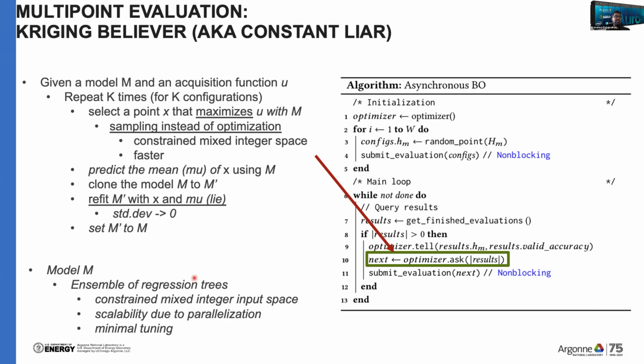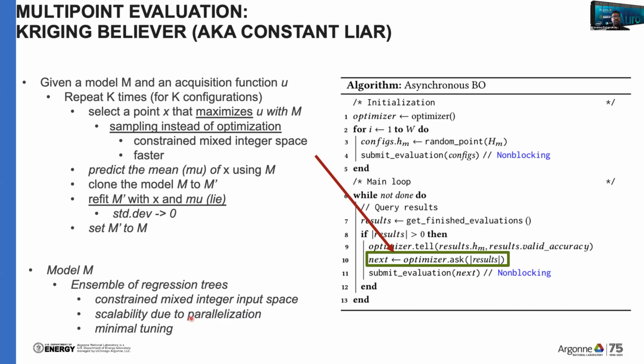And with respect to the model, as I said previously, instead of a Gaussian process, we use an ensemble of regression trees, which can handle the categorical and integer parameters in a very straightforward way. It also provides a lot of scalability, because this is building a number of trees, let's say hundreds of trees, and all those trees can be fit in parallel using multiple cores, and a lot of new libraries coming from NVIDIA and Intel can be leveraged to speed up this tree construction.